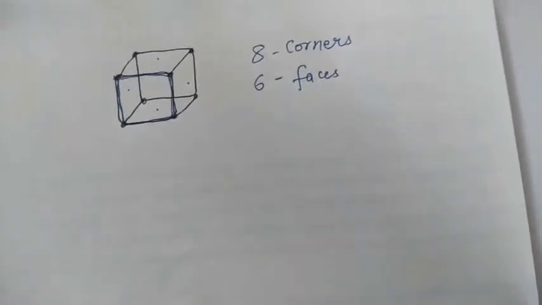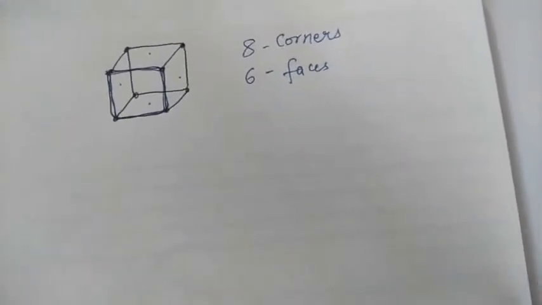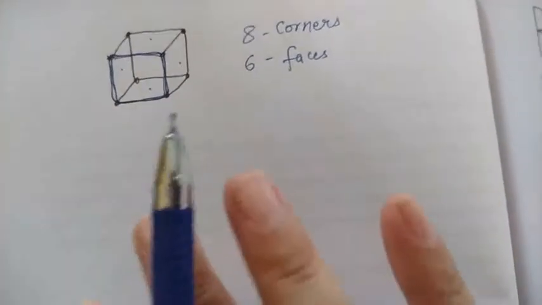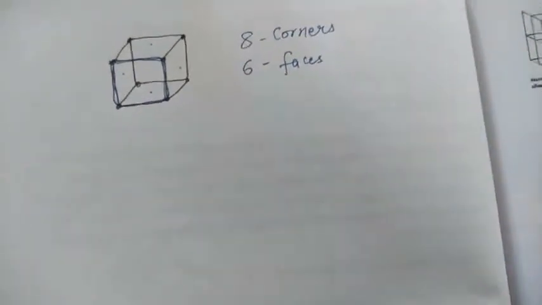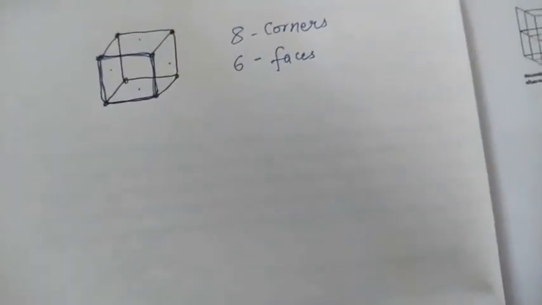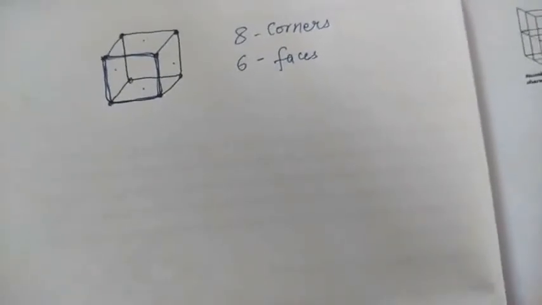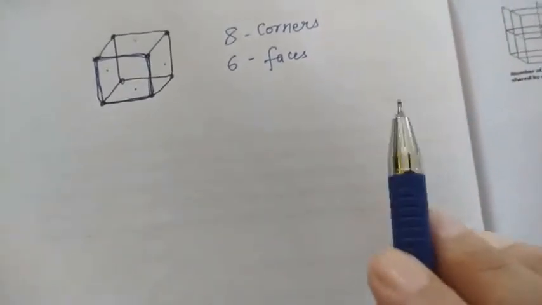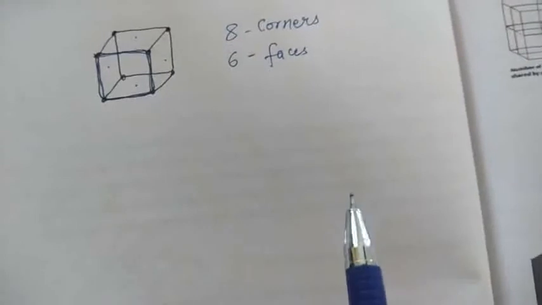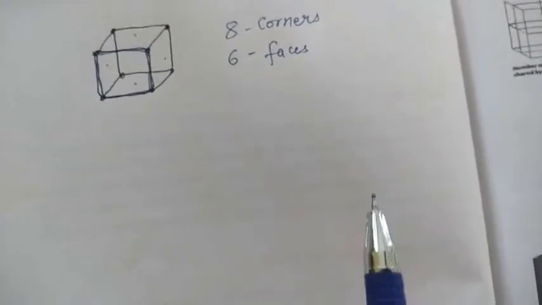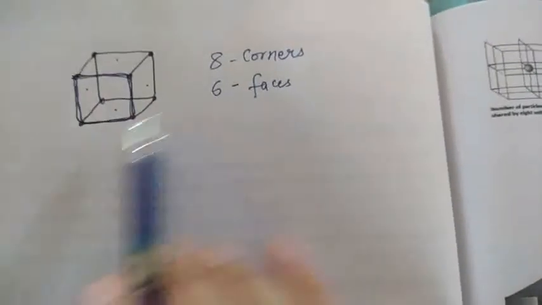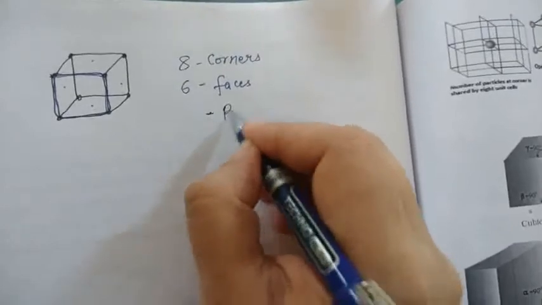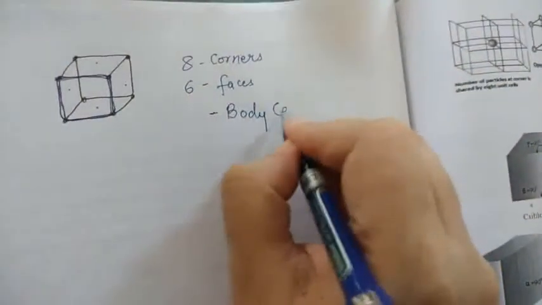That dice also symbolizes one unit cell. If you want to understand the meaning of face, you can take a dice of Ludo and see that it has 6 faces. What is a face? The face where the number is written on the dice, where those dots are drawn, 1, 2, 3, 4, 5, 6 dots. The place where those dots are drawn is called a face. So a unit cell has 8 corners, 6 faces, and then one more term is required, that is called the body center.